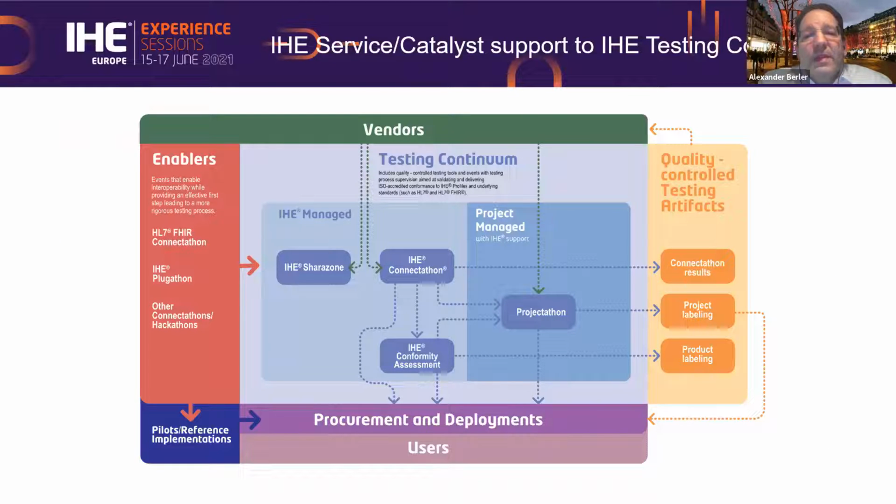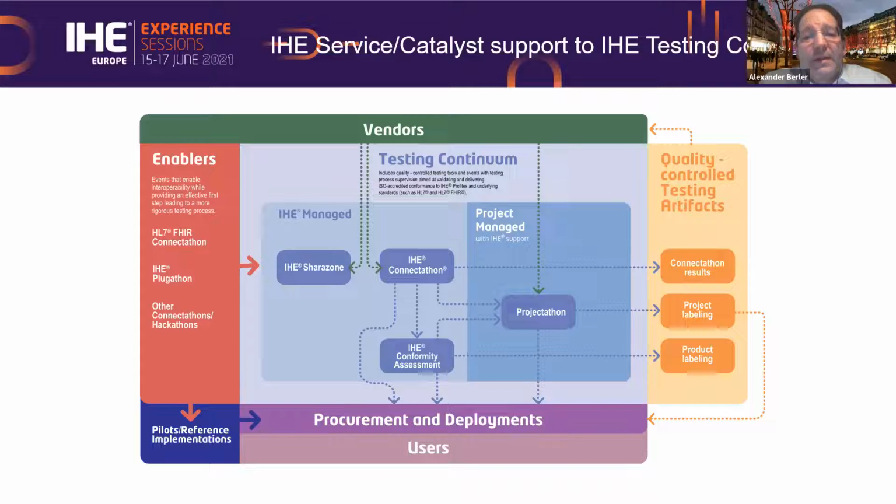So this is a quite recent drawing that has been created, trying to aggregate everything related to the testing part and the testing continuum. So here you can see the different types of testing that we have.